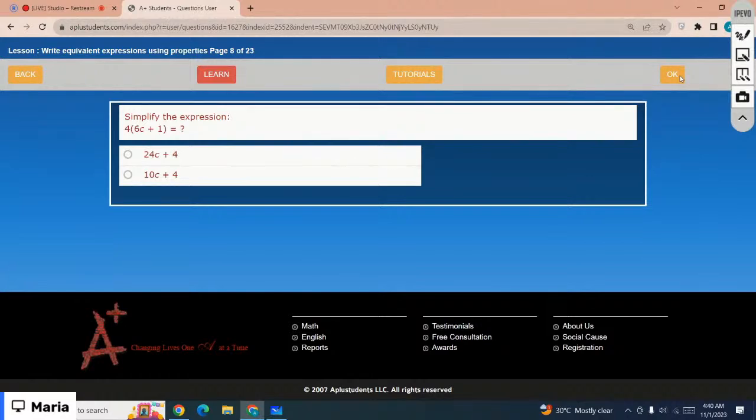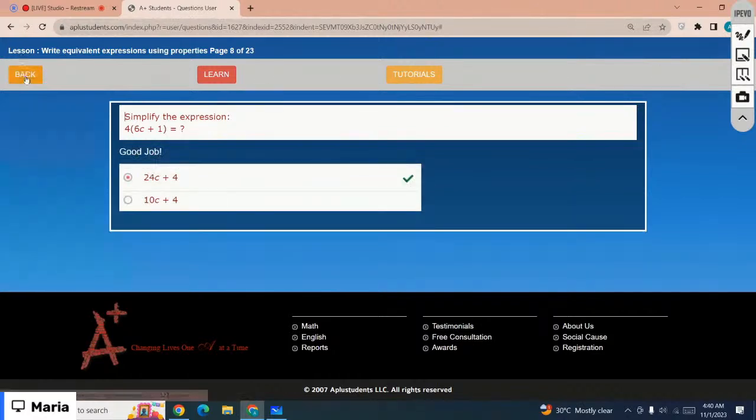So the correct option is very good. Option number 1 is the correct option. That is 24c plus 4. Right? Okay, you can complete the lesson by yourself later today.